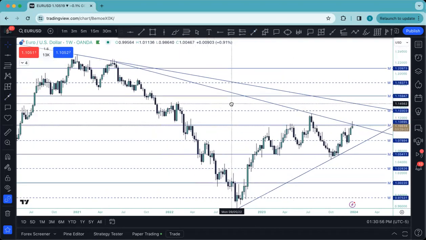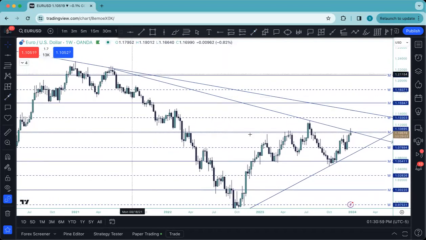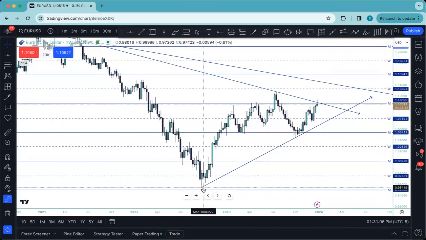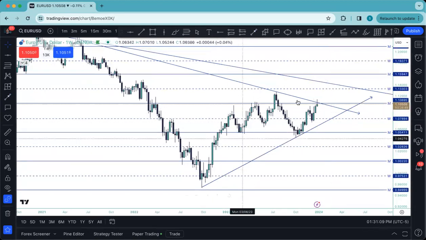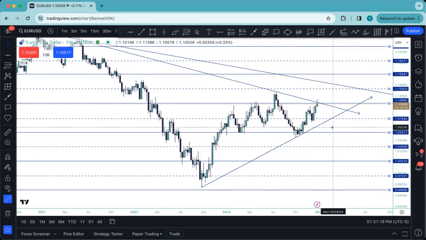We know that on the monthly and weekly it is kind of in this downtrend formation, but also in this retracement and pullback because it's going up. We don't really need to know about that right now.